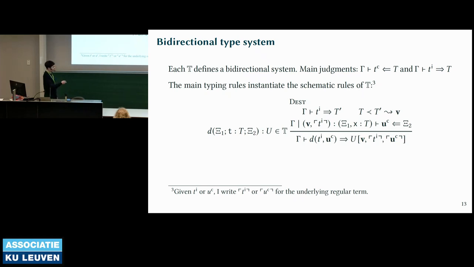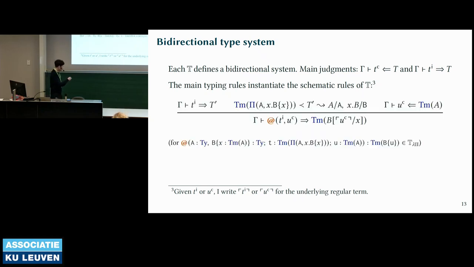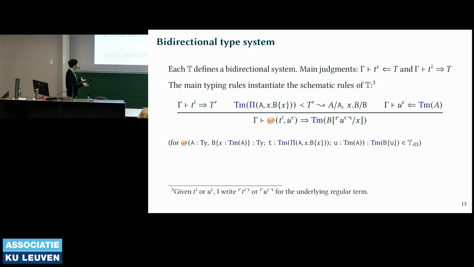So once again, let's not look at this, but instead look at an example. If you instantiate, for instance, the previous rule with the application rule from this theory here, then you get exactly what would be the usual bidirectional rule for application. So here you start, you have an inferable term, you infer it, you get a sort. You're going to do matching to recover A and B. Then you can check U, and then you return the sort here.